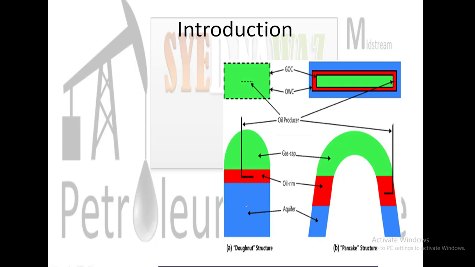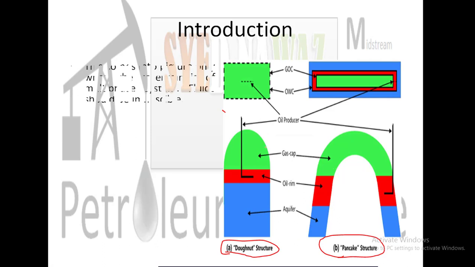Introduction. As you can see here, I have a reservoir model, and in it I have drawn two kinds of structures, a doughnut and a pancake structure. In later videos I will explain what these structures are about, but now let us see the first point.